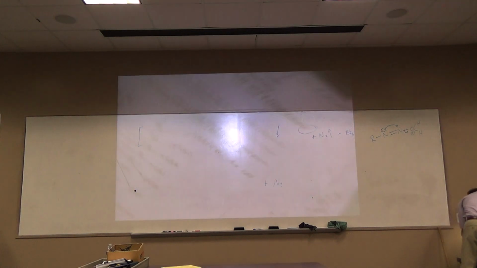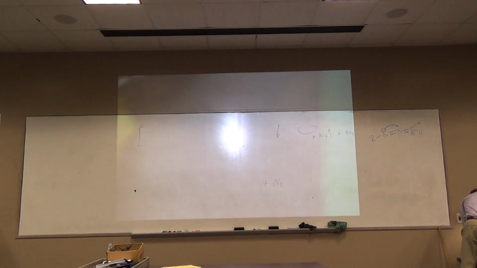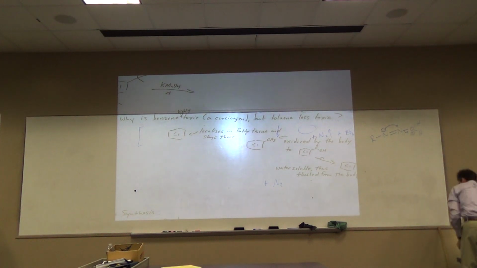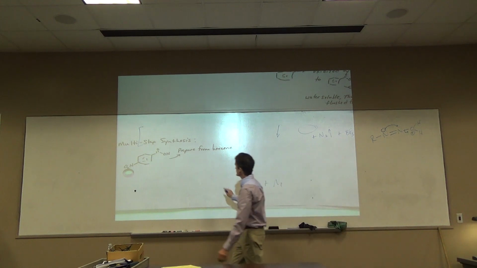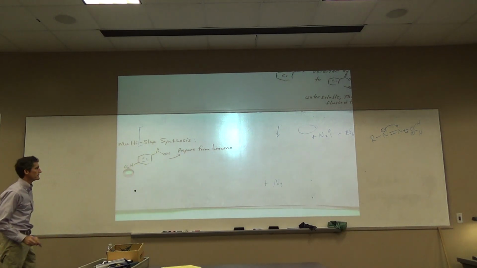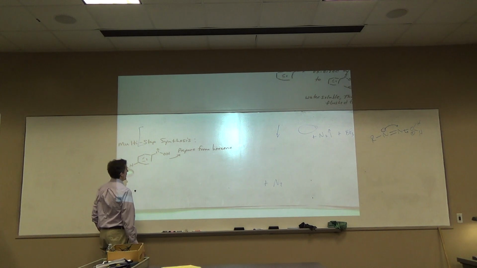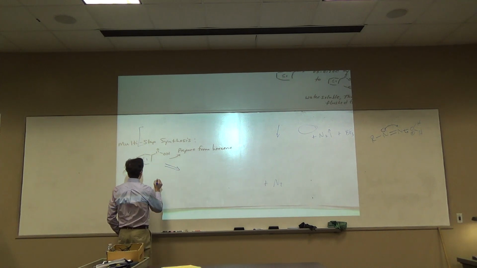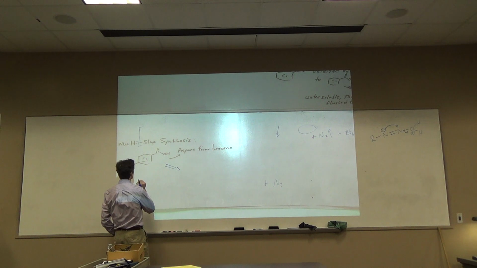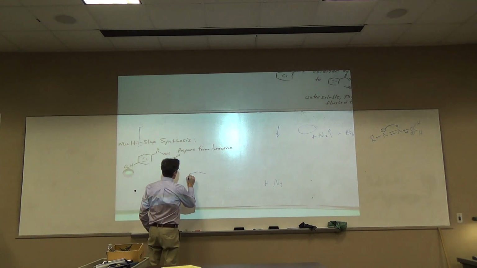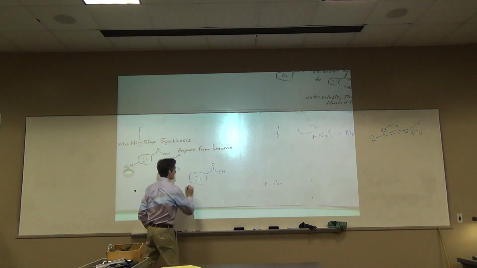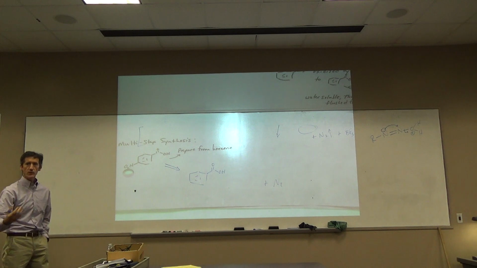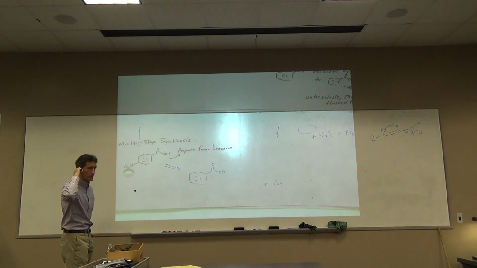Multistep synthesis. Back over here, how can we make this from benzene? Anybody have a synthesis? Let's go backwards. Let's take one group off, the carboxylic acid, and eventually get to benzene where we have taken both groups off.